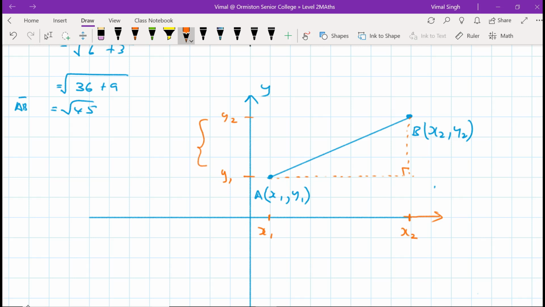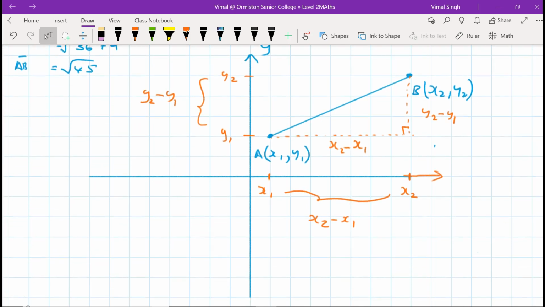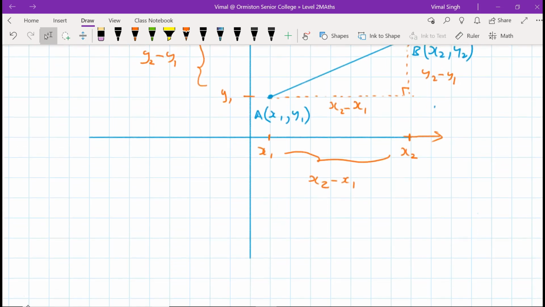So this distance and this distance is going to be x2 minus x1. This distance is y2 minus y1. So now I know what the distances of the two shorter sides are, so I can write a general rule to work out the length of a line segment when 2 points are given.